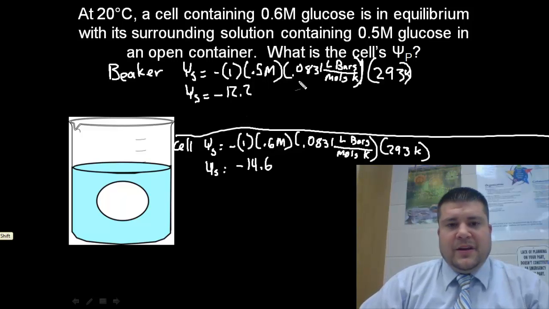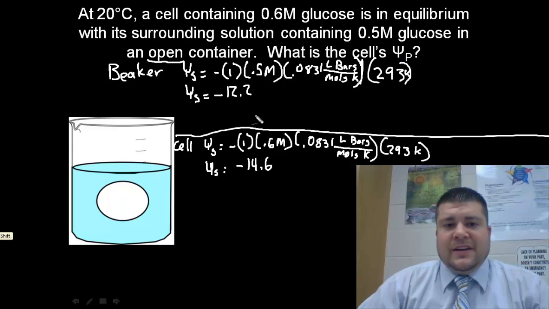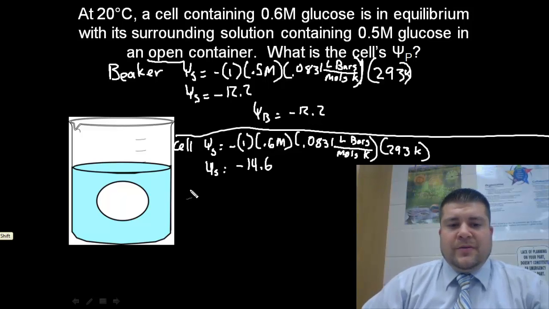Alright, so inside the beaker, we have this open container. This open container means that our psi p is 0. So our psi of the beaker is going to be equal to negative 12.2. Hopefully you can see that.